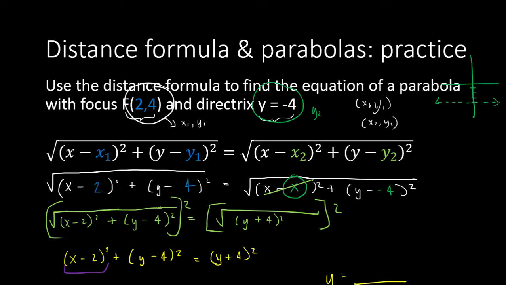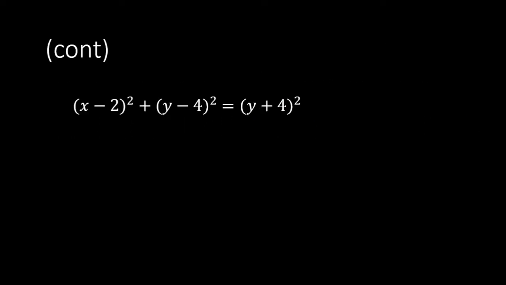So I'm going to have to move on to another page here. Okay, so this is what we just were working on. I had this up, and we were just discussing no need to expand that term. So I'm going to leave (x minus 2) squared alone, but I'm going to expand this term into y squared minus 8y plus 16.